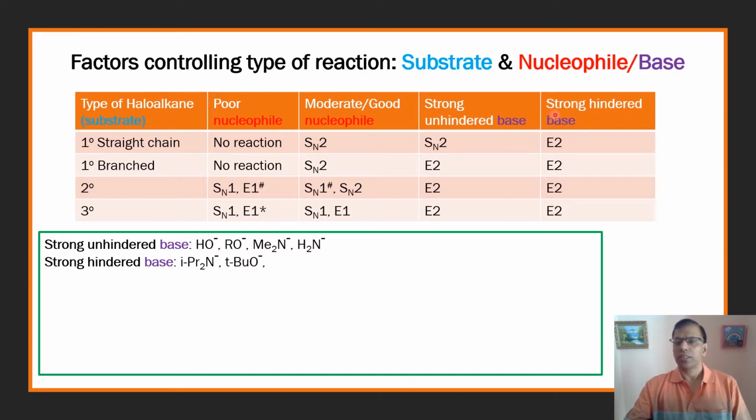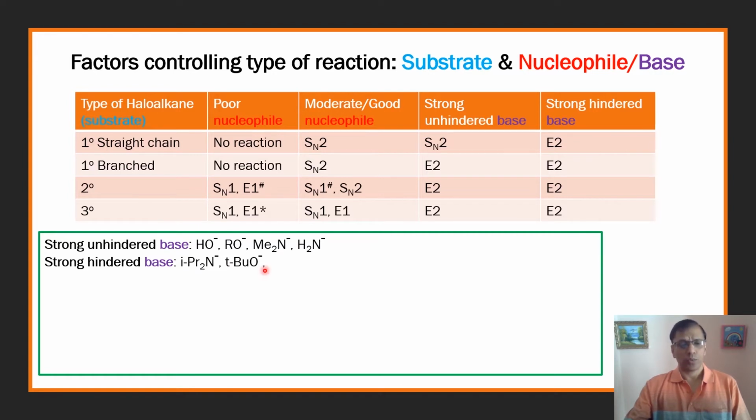If it's a strong hindered base, you will always get an E2 product and the reaction will proceed by the E2 mechanism. For an unhindered base, you'll get an E2 product, except in the case of a straight chain primary haloalkane.